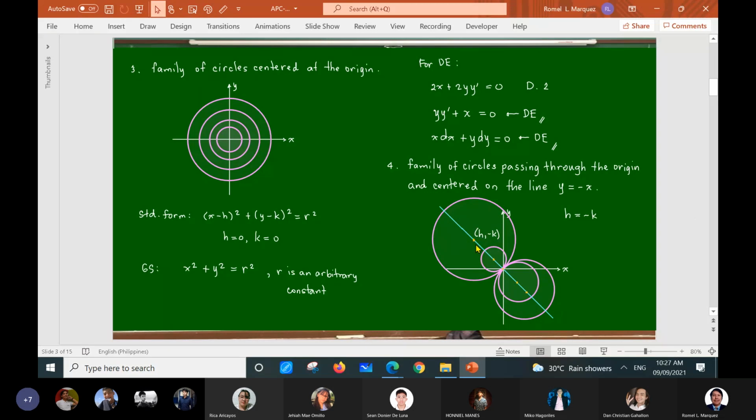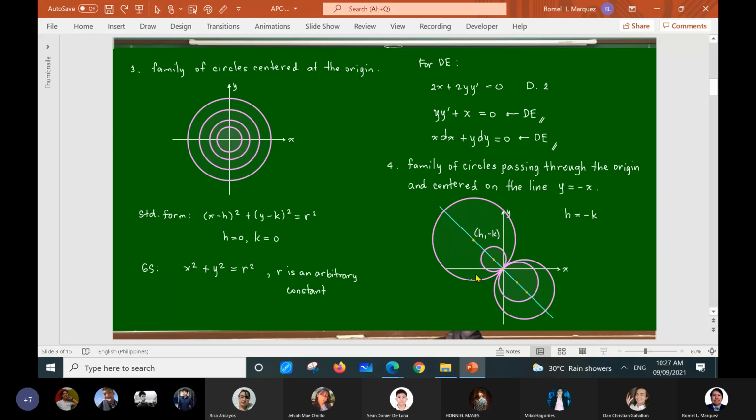Di ba ito yung radius, mula rito hanggang center? For instance, itong circle na big, mula rito hanggang doon. Kung titingnan nyo, may relationship ang radius at saka ang H tsaka K, no? Am I correct, guys?